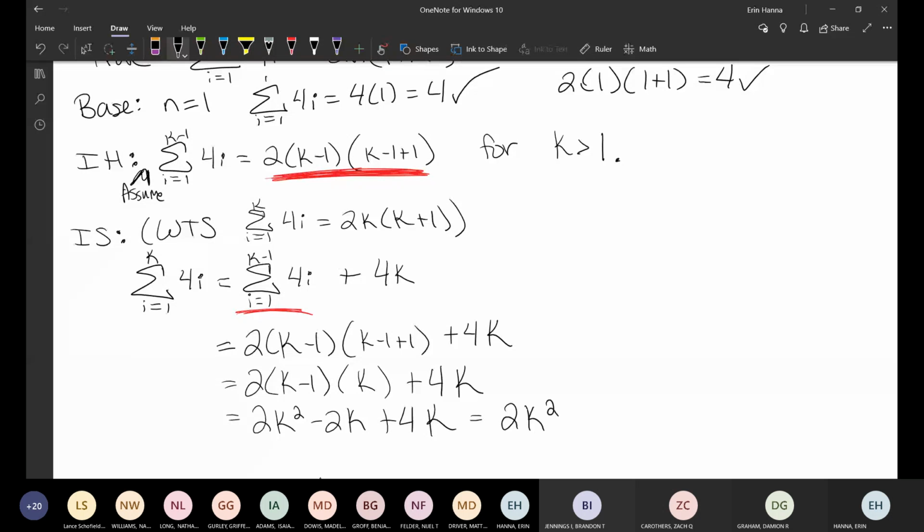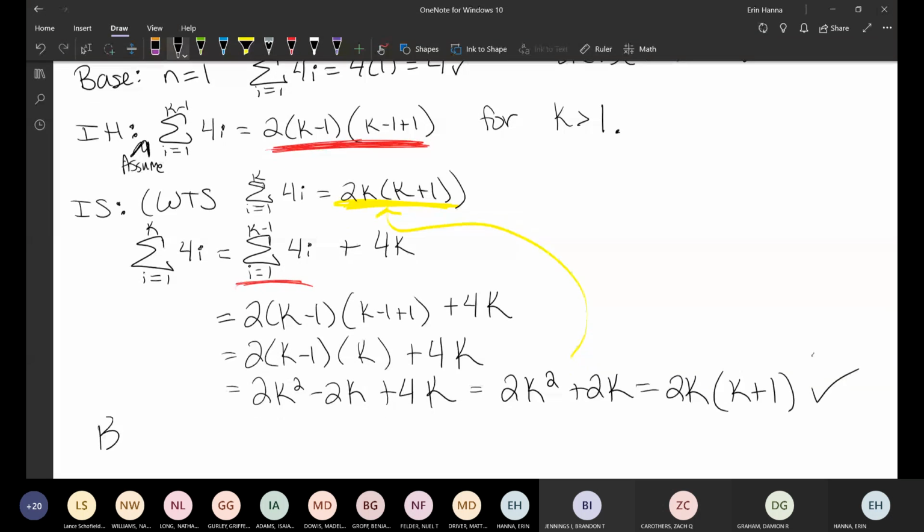Negative 2k plus 4k will give us plus 2k. If what we're trying to get is this, I can get there from what I have now by just pulling out a 2k. Be left with k plus 1, which is exactly what I wanted by induction.